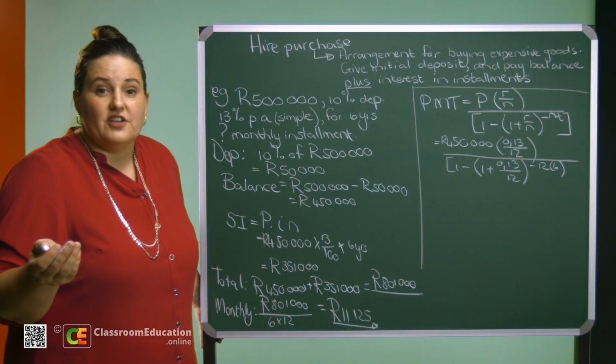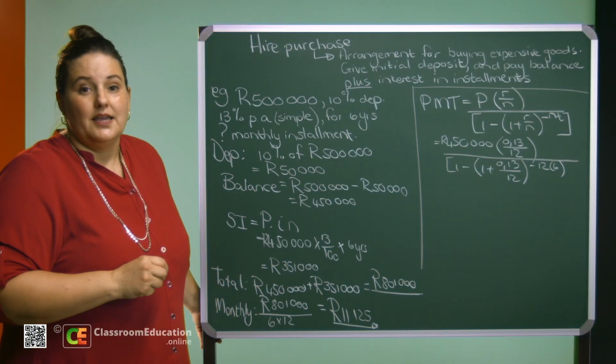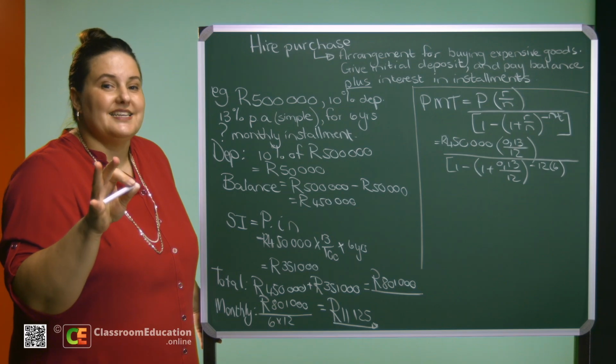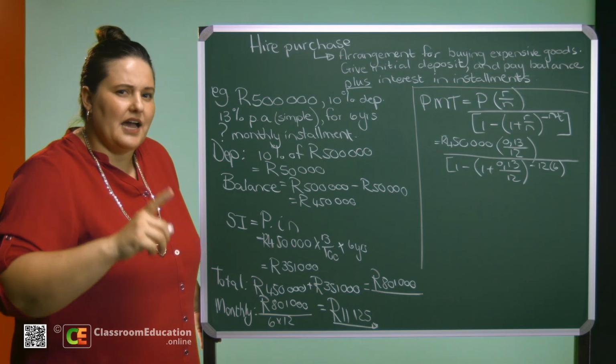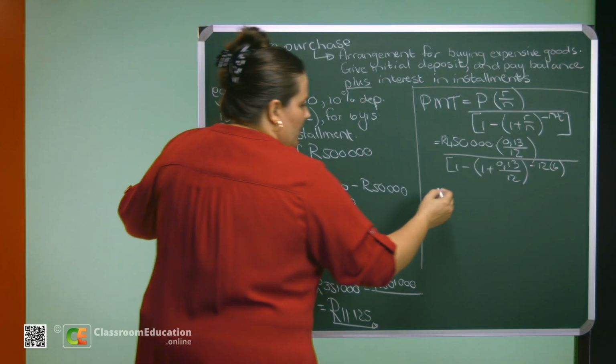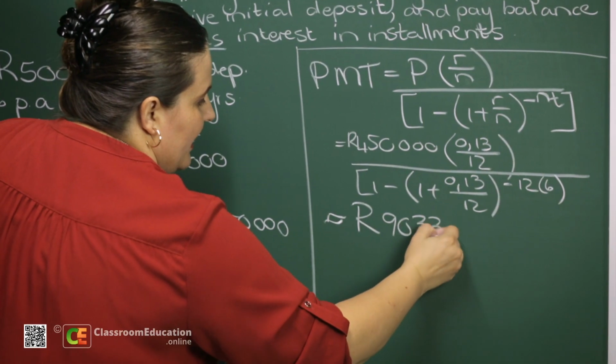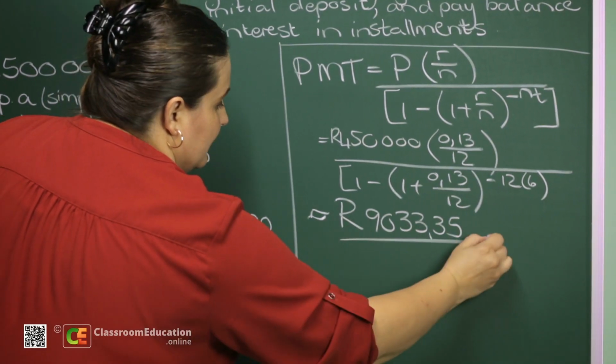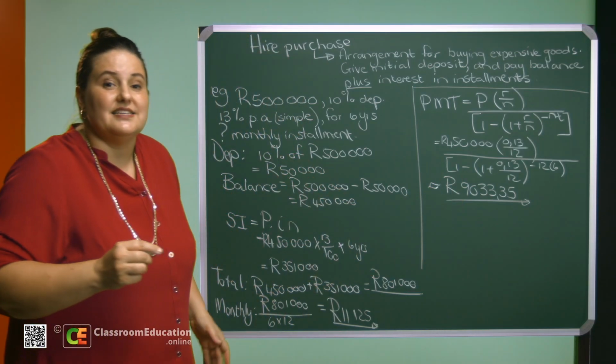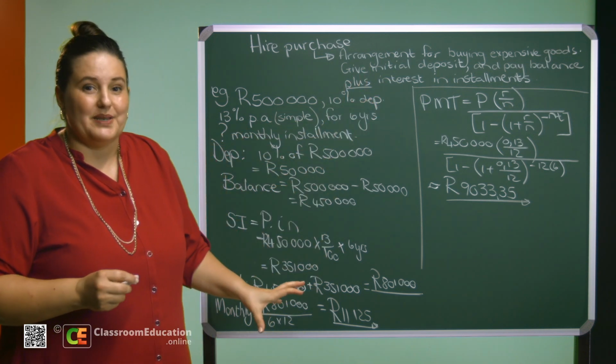Type it into your calculator and round it off a bit. Did you get something in the 9,000s? Maybe you got an answer of 9,033 Rand and 35 cents. So boys and girls, just understand why it is different, please.